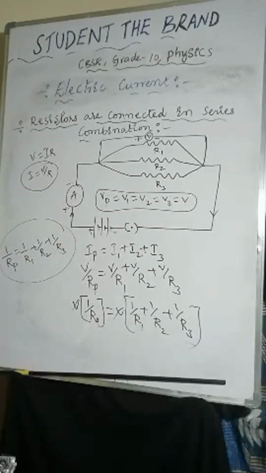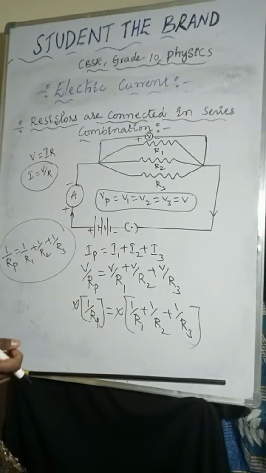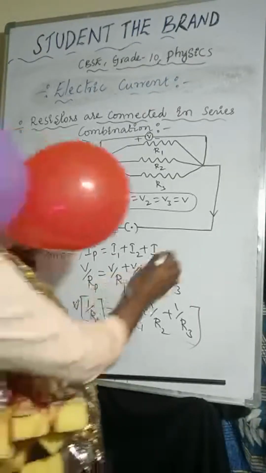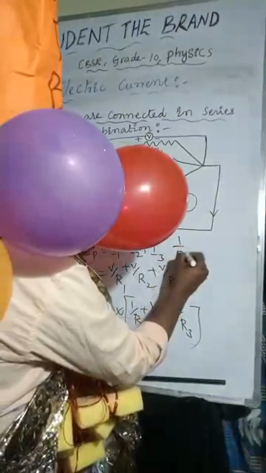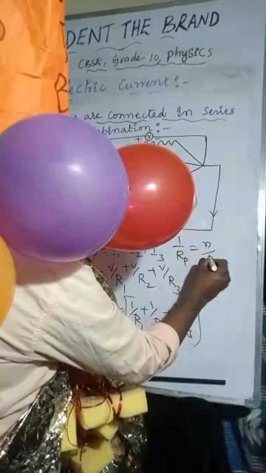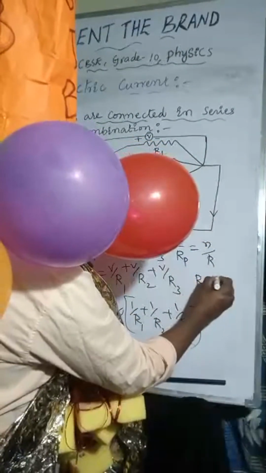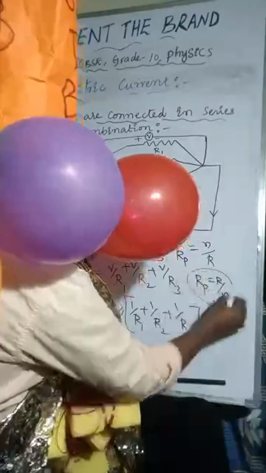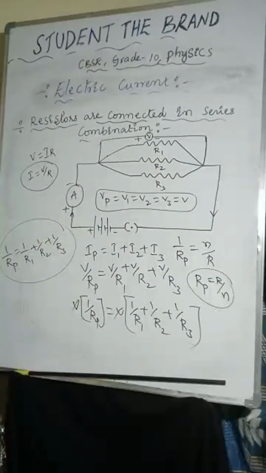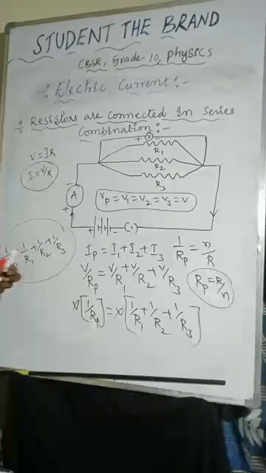So this is about resistors connected in parallel combination. If n number of resistors are connected in parallel combination, then 1 by Rp equal to n by R, Rp equal to R by n. That's the formula.